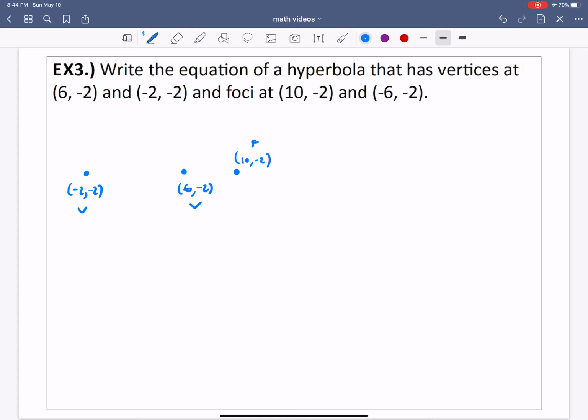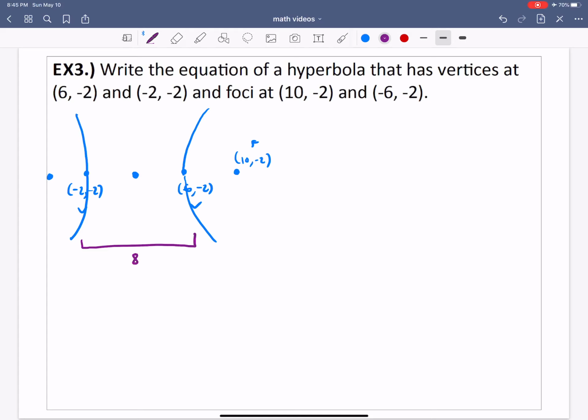Right away that tells me that these branches are going to look something like this and something like this. My other focus is out here on the left. All right. So let's see what we can figure out. We know the center is going to be directly in the middle of those 2 vertices. So the first thing that I would do is figure out how far apart your vertices are. You go from -2 to 6.